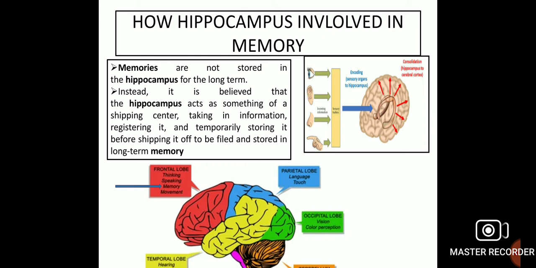This sensory information comes from the cerebral cortex, particularly the frontal lobe, and the frontal lobe is also involved in memory. This is how the hippocampus and frontal lobe together are involved in memory formation and consolidation.